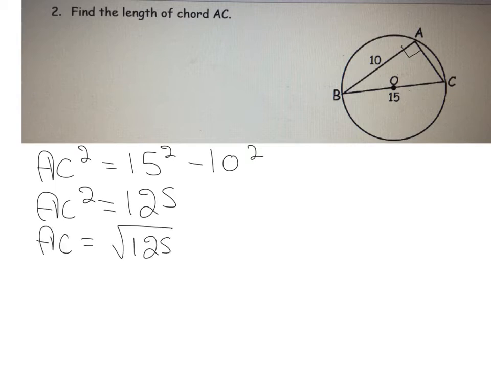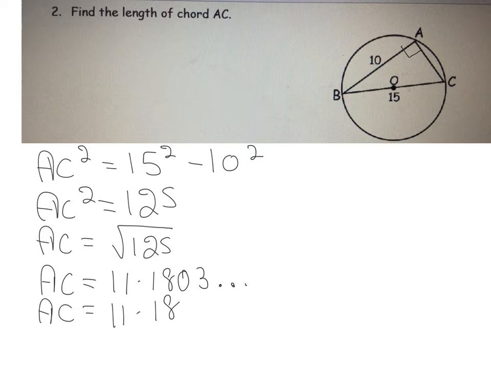So AC is equal to the square root of 125. So AC is equal to 11.1803 ... carrying on. And to round that to two decimal places, AC is equal to 11.18.